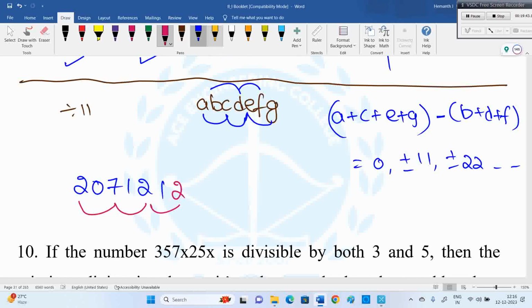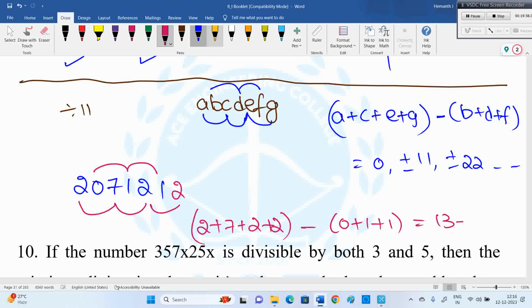One more 2. Then adding gives 13: 2 plus 7 plus 2 plus 2 is 13. What are the remaining digits? Summation 0 plus 1 plus 1, which is 2. So 13 minus 2 is 11. So definitely this number is divided by 11.